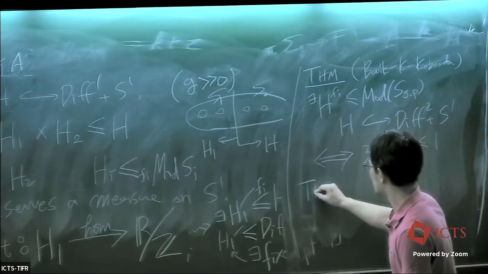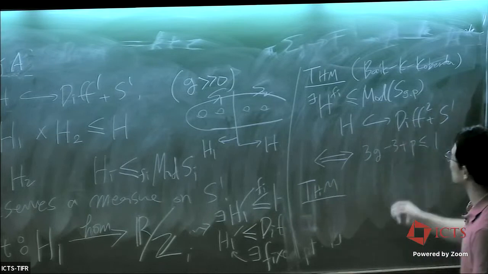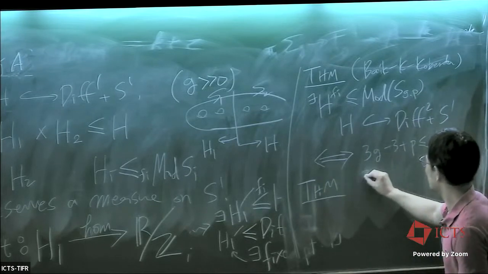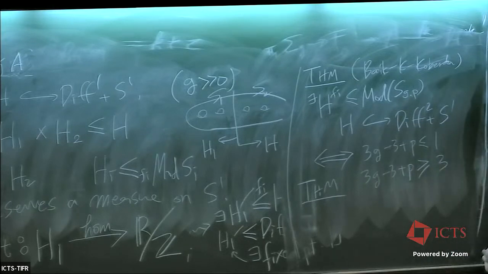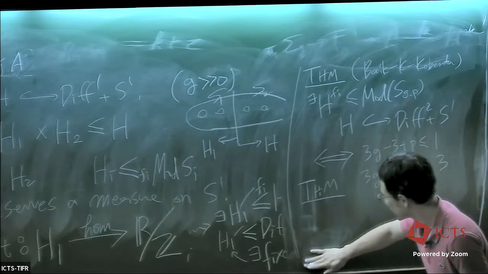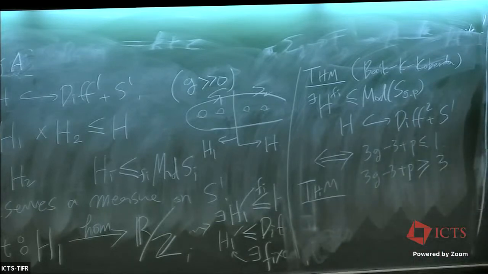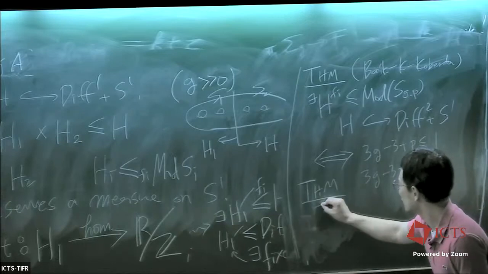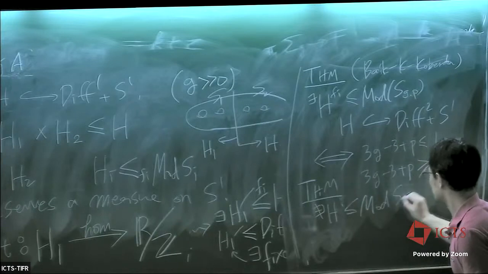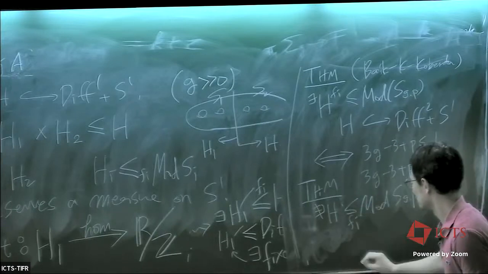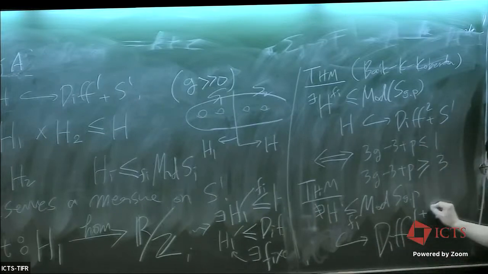And also we proved that if 3g minus 3 plus p is at least 3, I mean, not the once-punctured torus, which is genus 1 with one puncture, where we do not know an answer, but if it's genus 2 or higher, then no finite index subgroup of the mapping class group embeds into Diff^(1+epsilon) of the circle for all epsilon.